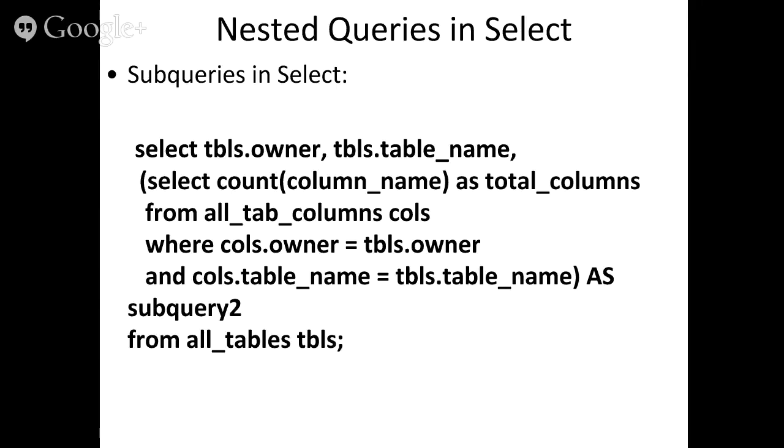Or over here, it has to evaluate to a single value, and that one value will be used as a result for that field. In this case, the field is called subquery 2.